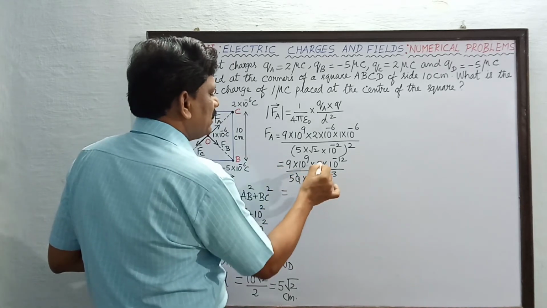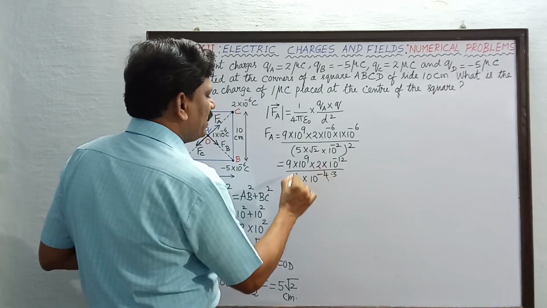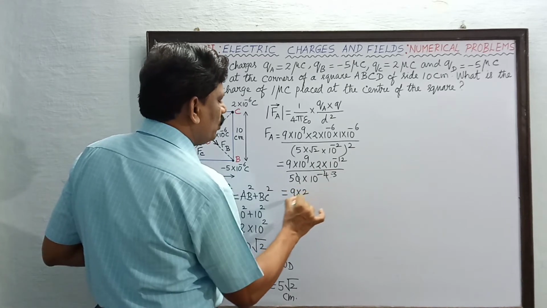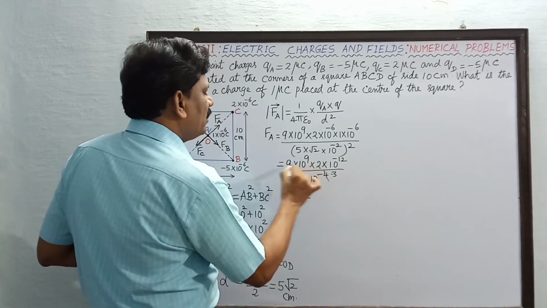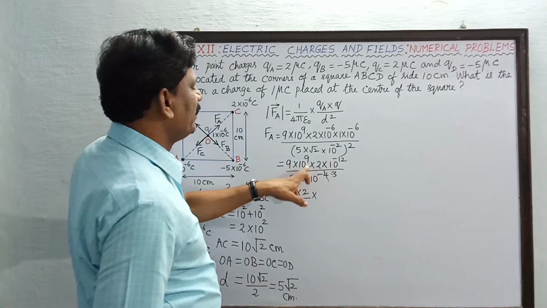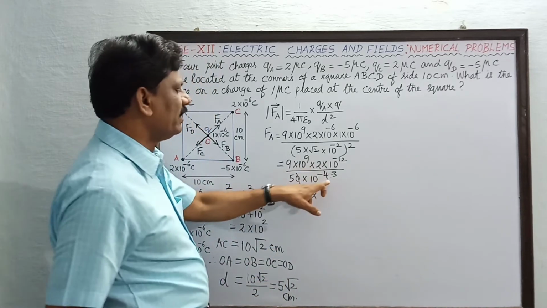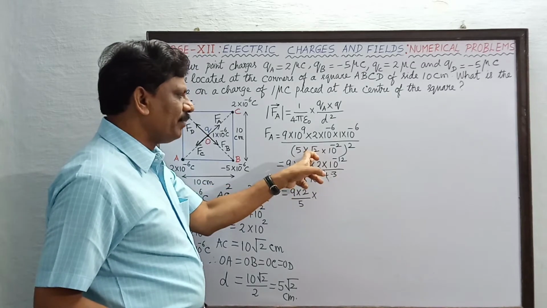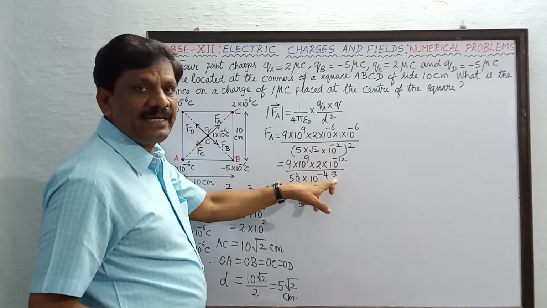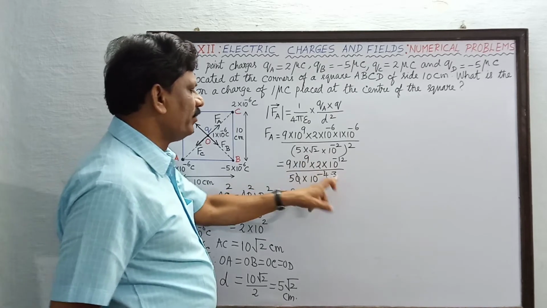So now we have 9 into 2 divided by 5, and the remaining powers: 10 power 9, and this minus 3 comes up as plus 3, so 9 plus 3 becomes 12.